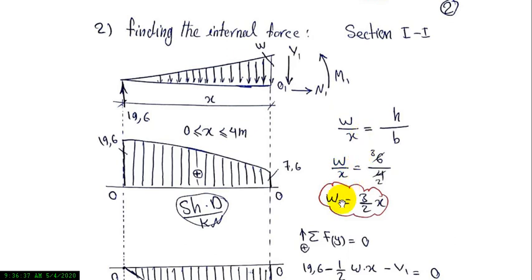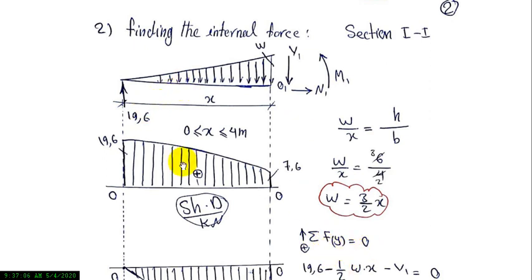So after abbreviation, w is equal to 3/2 x, and this equation is actually a function that changes according to x. After that, we use the static equation, summation of Fy along the y direction equals 0.